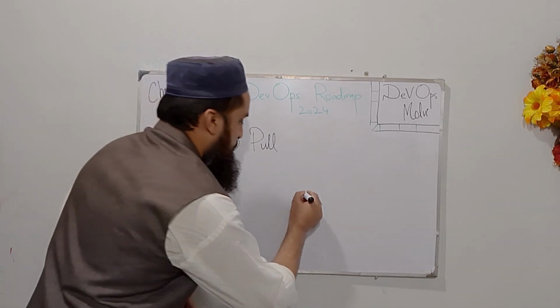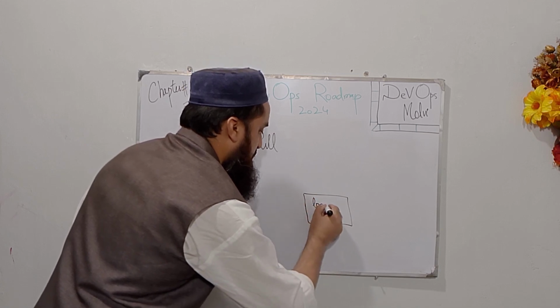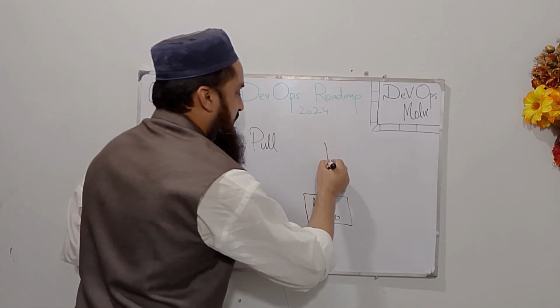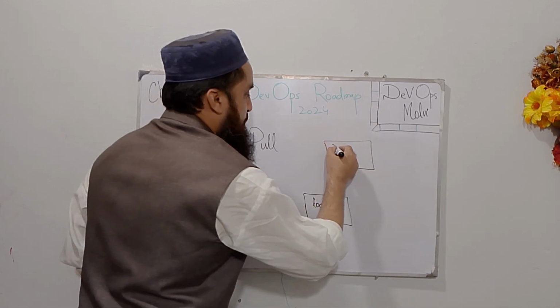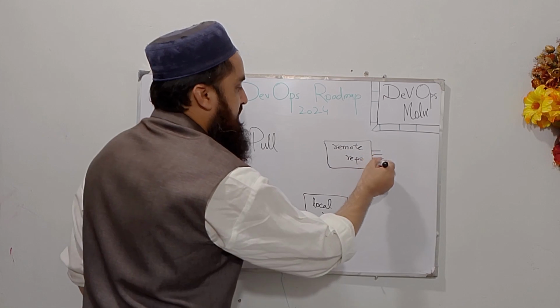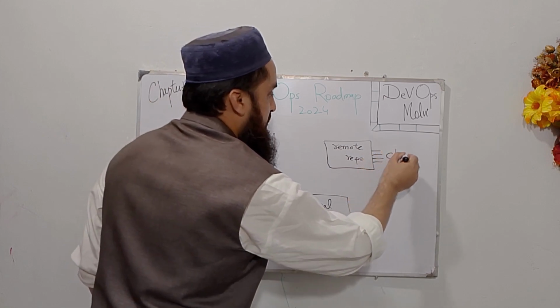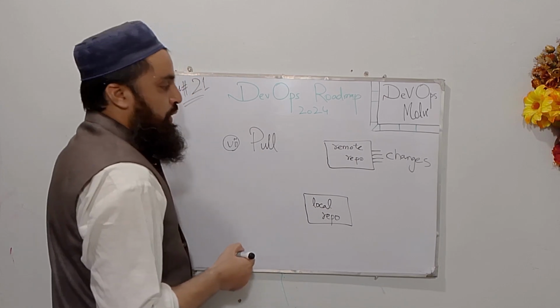For instance, we have this repository. It is a local repository, and we have this remote repository on a remote location, and it has some changes, and I want all those changes on my local repository.